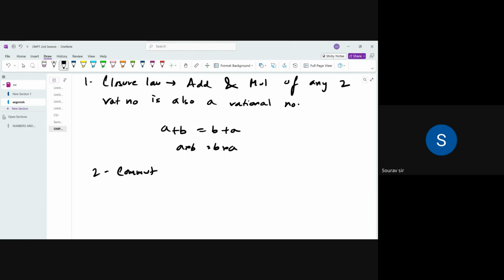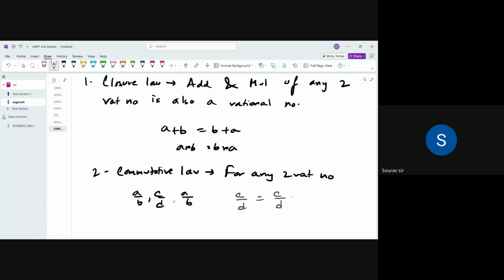Next, commutative law. What is commutative law for any two rational numbers? Like a by b and c by d: a by b plus c by d is equal to c by d plus a by b.